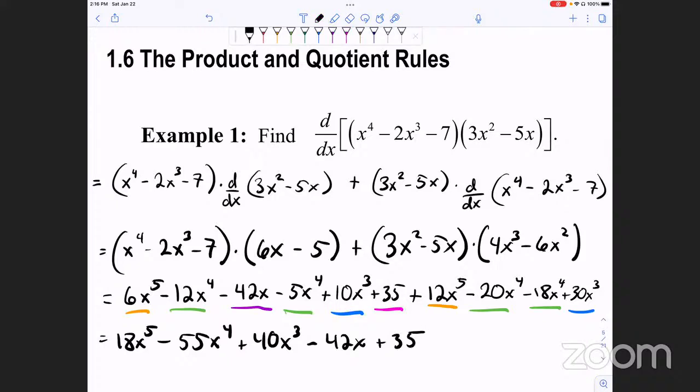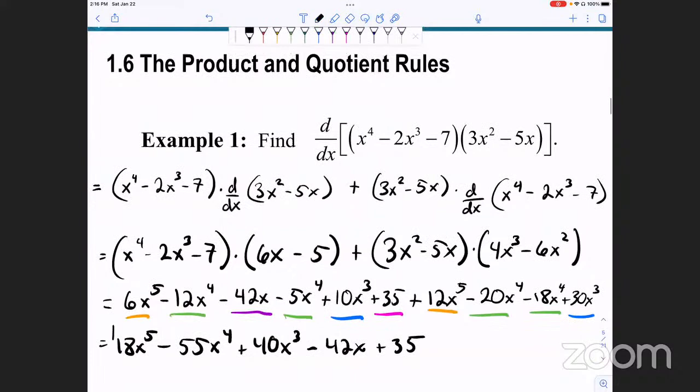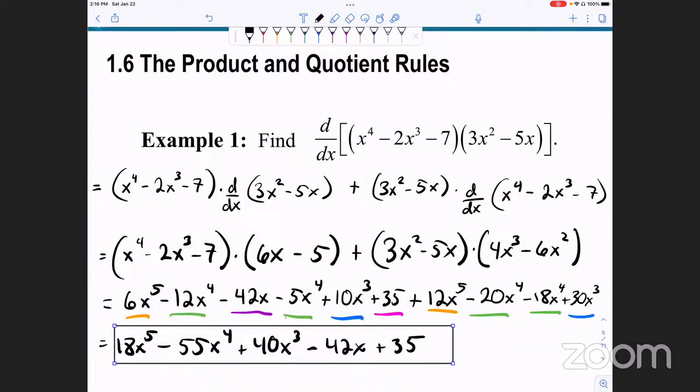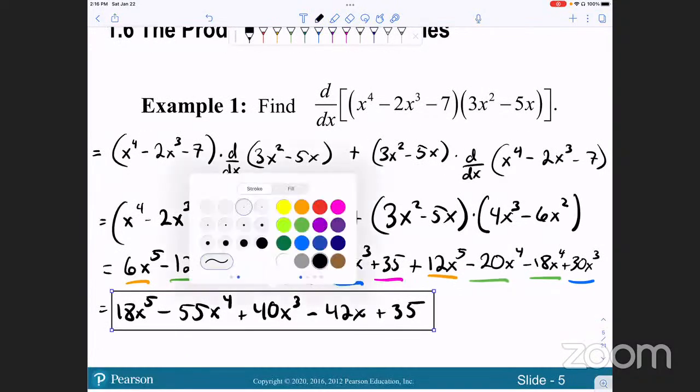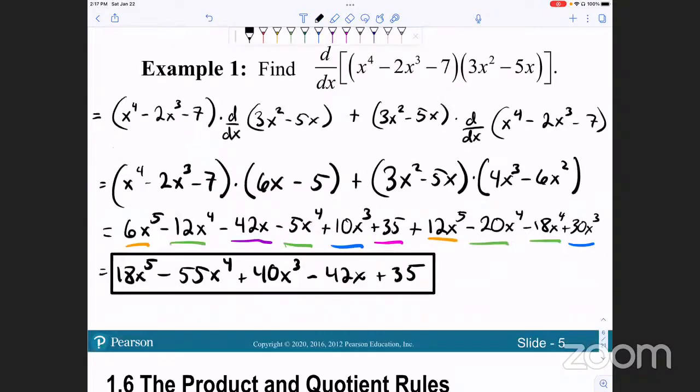Expand it all the way out. Forty, 42, and 35.